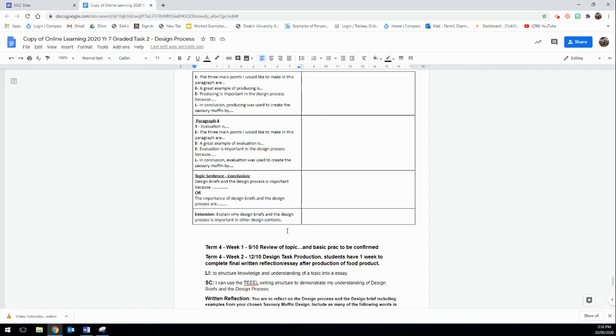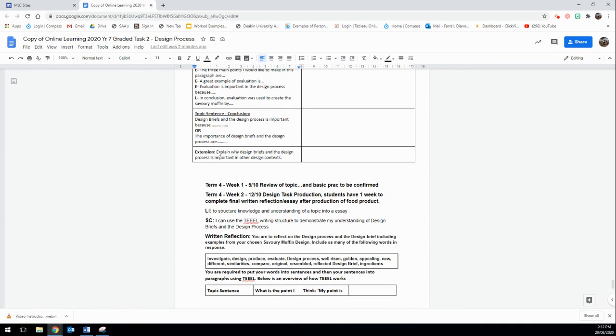So you need to kind of take some of that information all together and see if you can come up with an explanation as to why or how you would explain the role of design briefs and the design process in other design contexts, not just in food technology or for food technology in a manufacturing sense. We can always talk about this extension a little bit more.